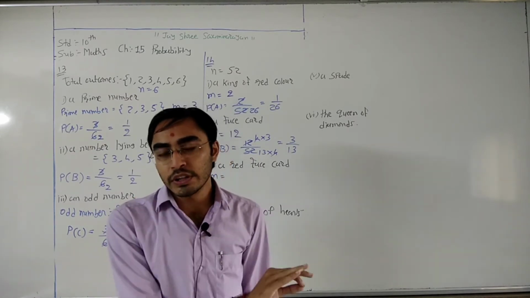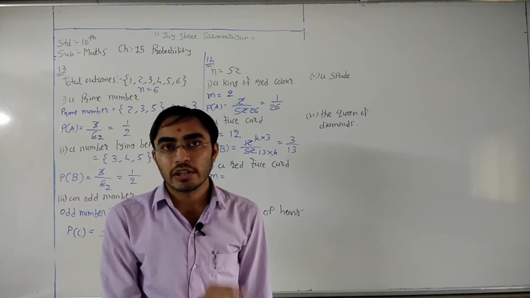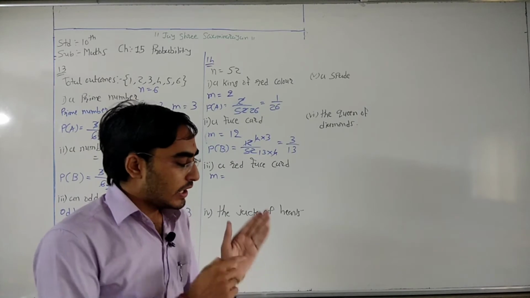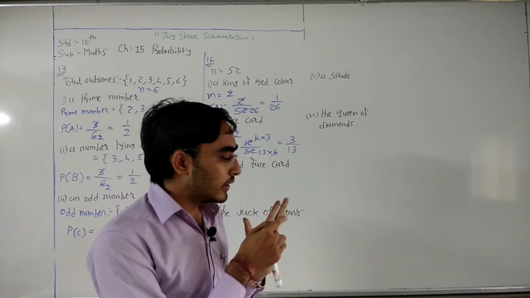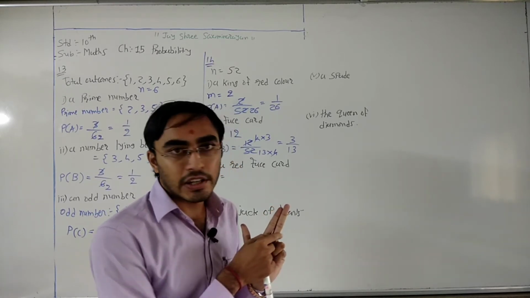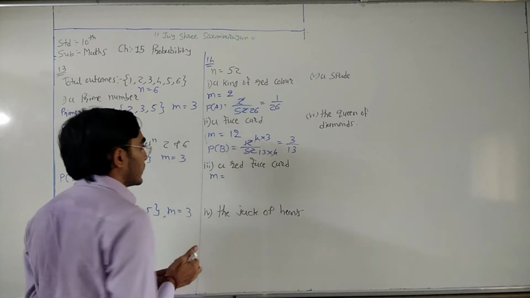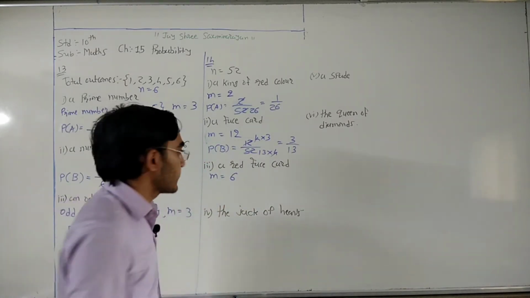In heart we have 3 face cards, and in diamond we have 3 face cards: jack, queen and king. So total we have 6 red face cards, right? So favorable outcomes is 6.